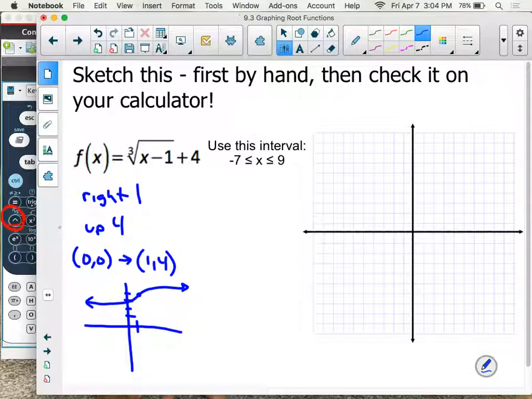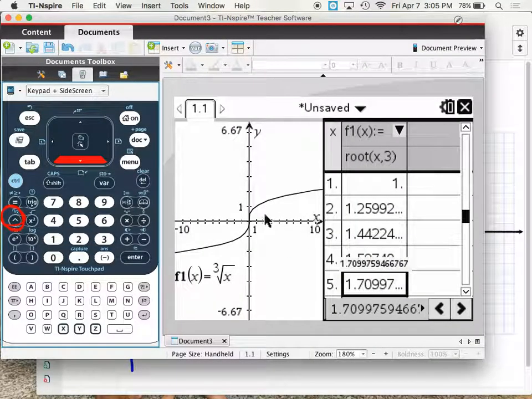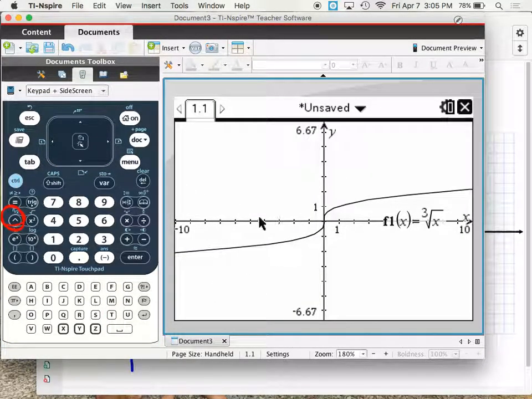Now, I do want to talk about using this interval from -7 to 9 for a second as well. So when we go to our table of values on the calculator, we want our minimum to be -7 and our maximum to be 9. Those are the only values we want. So let's go to the calculator real quick. And what I'm going to do is I'm going to go Control T, get out of that table, and I'm just going to edit that equation.